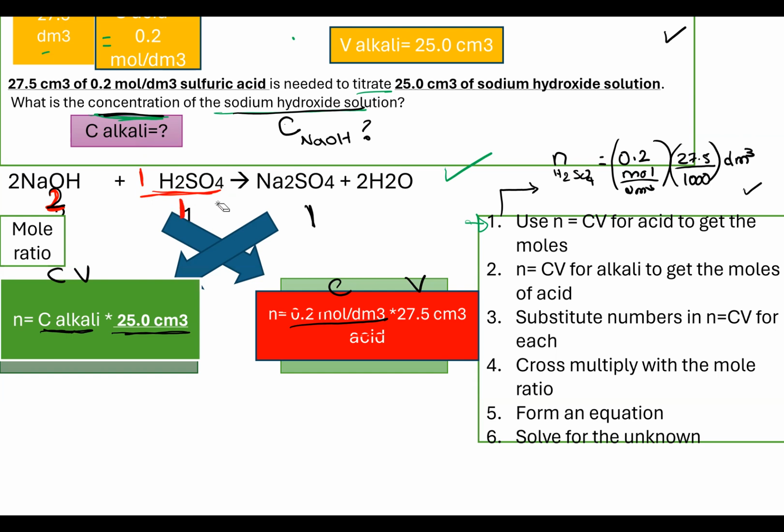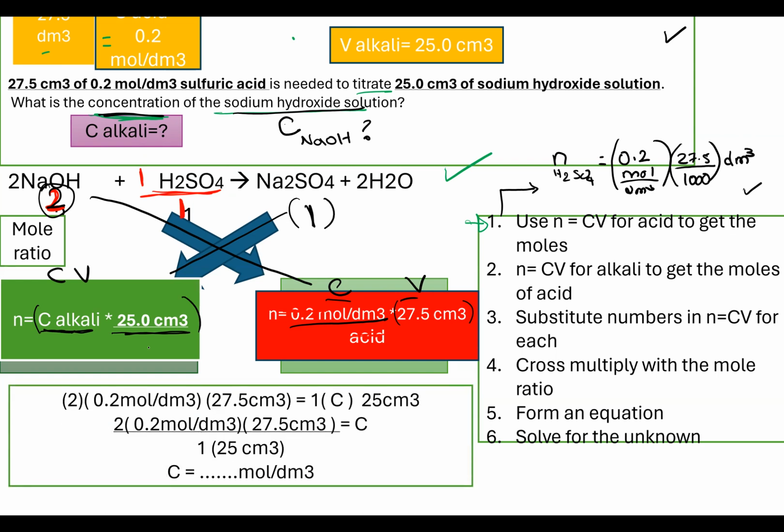In that case, I can make a mole ratio between them by cross multiplication. So therefore, it's going to be 2 times CV, and then I will substitute those values, 0.2 mole per decimeter cubed times 27.5 cubic centimeters equals 1 times all of this. And then I will solve for my unknown.